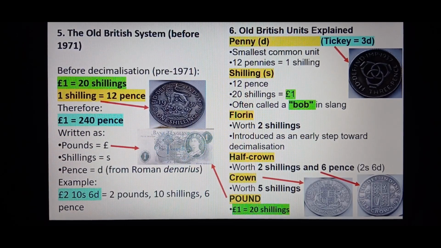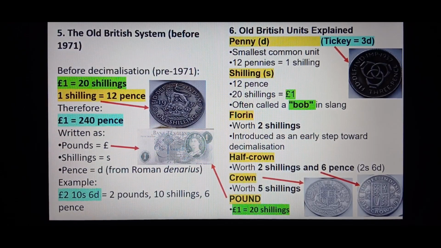So those days, 3 pence was called a tikkie. The penny was the smallest common unit, and 12 pennies equaled 1 shilling. The shilling was written as an S, and 20 shillings equaled 1 pound. 1 pound was often called a bob.